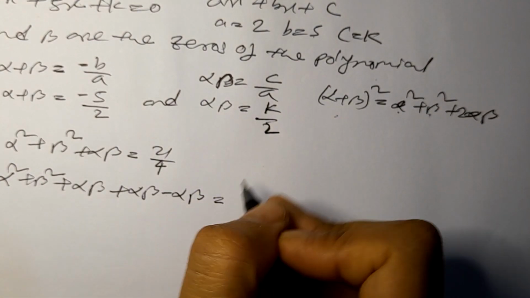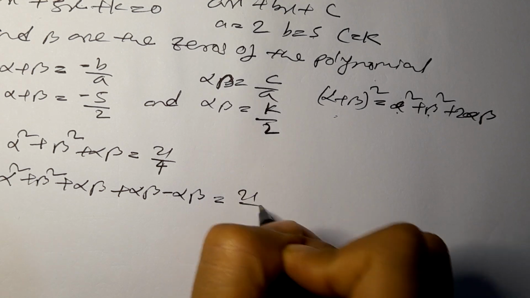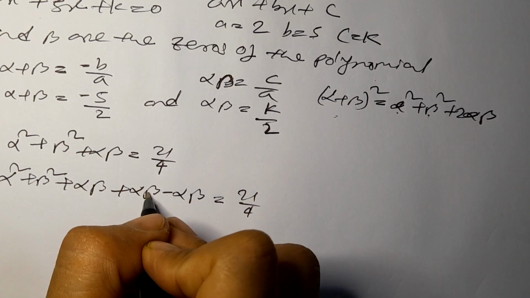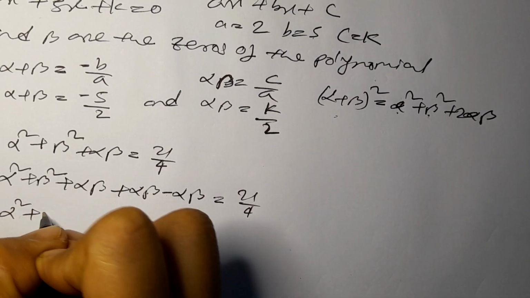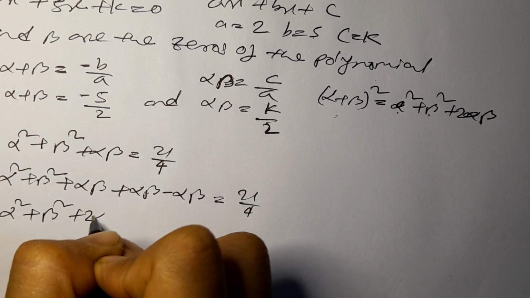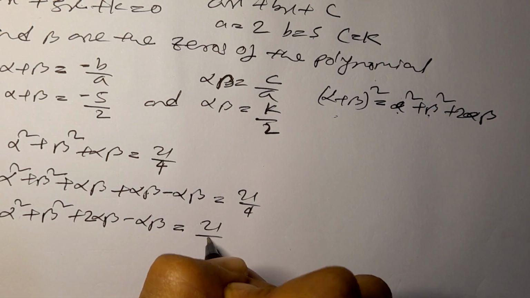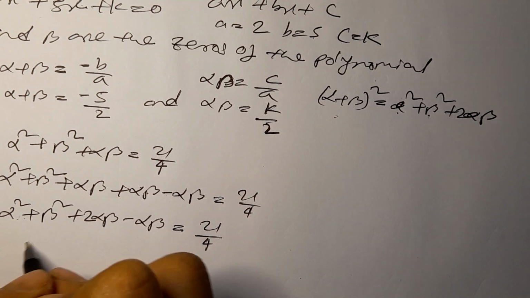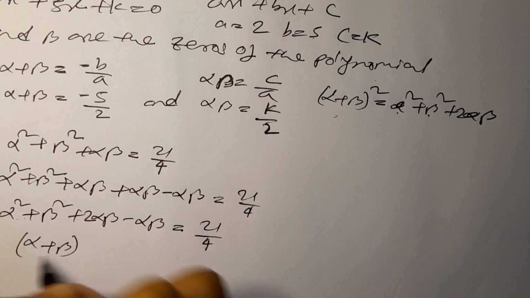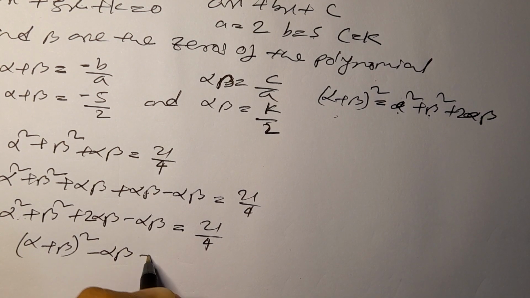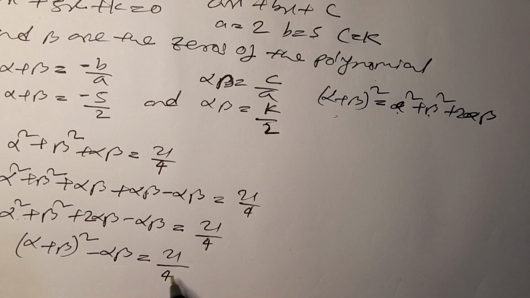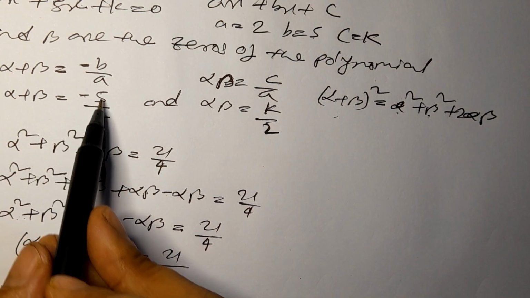So it equals 21 by 4. So alpha square plus beta square plus 2 alpha beta minus alpha beta equal to 21 by 4. Now instead of this I can write alpha plus beta whole square minus alpha beta equal to 21 by 4. The value of alpha plus beta is minus 5 by 2.